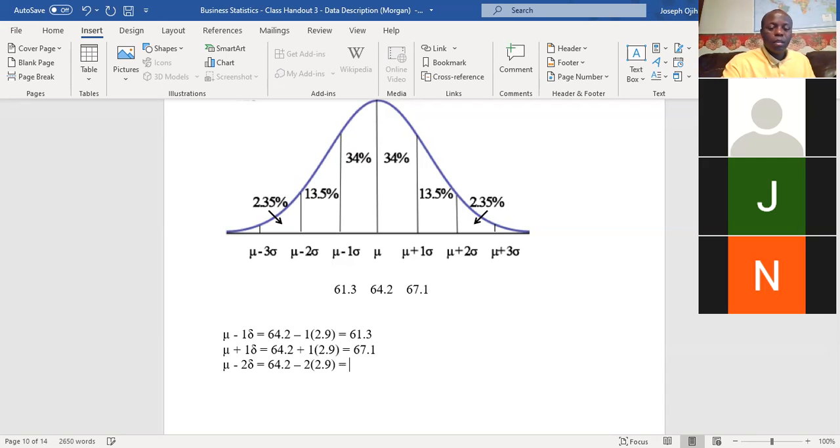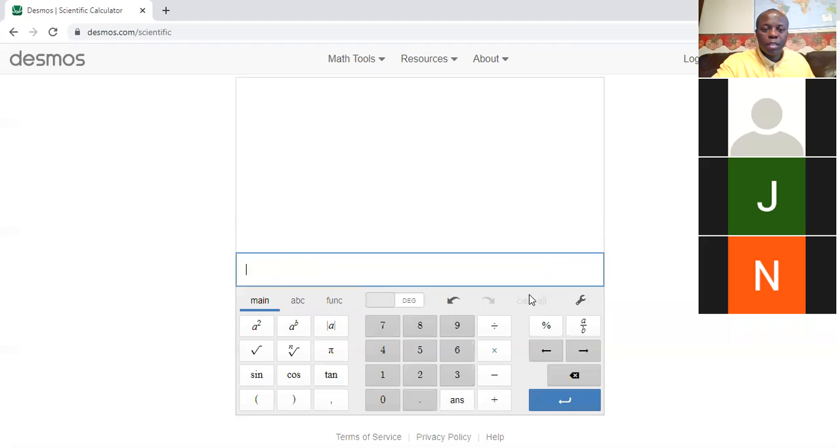I'm going to write it down and get it from here. So in decimals, I will have 64.2 minus 2 times the standard deviation of 2.9.